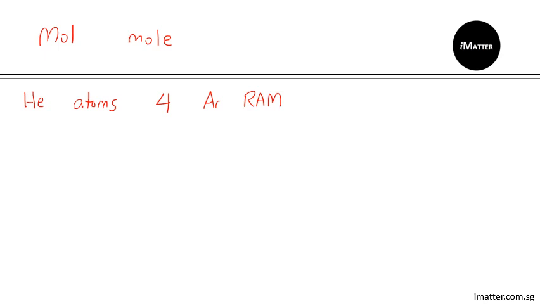Now, on the other hand, if you're looking at a compound, let's say CO2, you ought to be familiar by now that CO2 exists as molecules. And of course, it is predominantly a covalent compound.